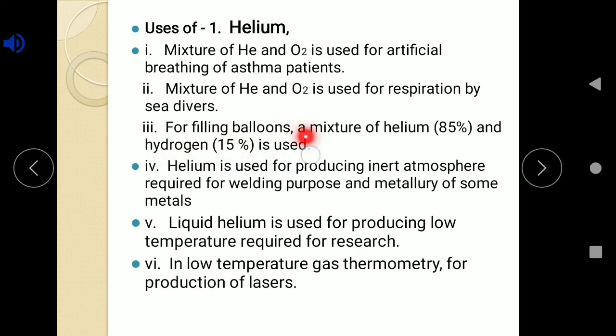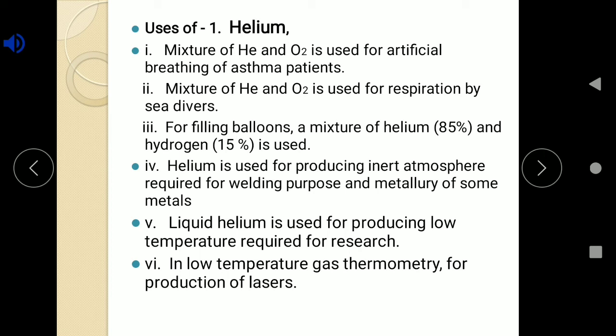For filling balloons, a mixture of 85% helium and 15% hydrogen is used. Helium is also used for producing an inert atmosphere. This is a very important use of helium. An inert atmosphere is required for welding as well as in metallurgy. What is an inert atmosphere? The regular atmosphere contains reactive elements like oxygen and nitrogen, which may react with the same metal in metallurgy, or in welding.